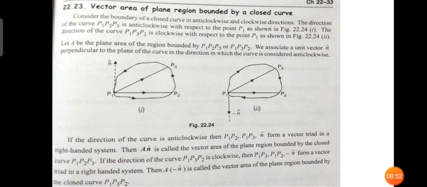We have also associated a unit vector n cap. Look at the unit vector n cap, drawn perpendicular from P1. If the direction of the curve is anti-clockwise, then P1, P2, P1, P3 and n cap form a vector triad, that means in a right-hand system they are in the same direction.